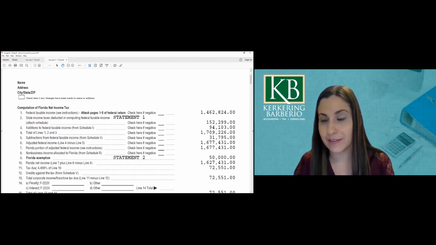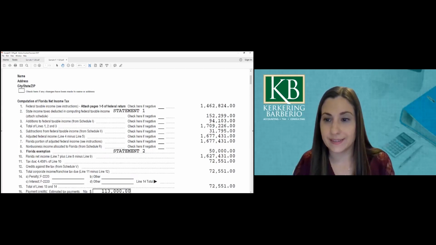And that's part of what I do in my job with multi-state entities, is identify the differences between federal and state tax provisions. So for instance, we have this add back for state income taxes that are deductible on the federal return, but they're not deducted on the Florida return.